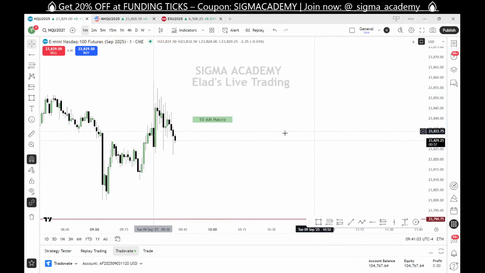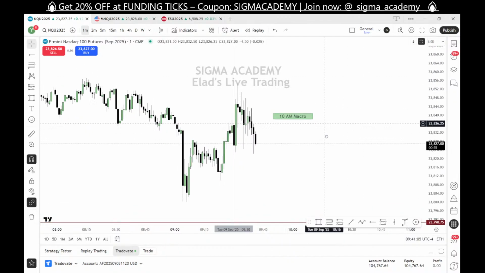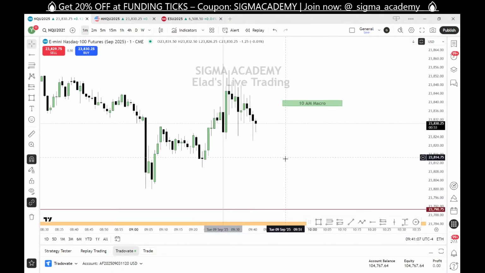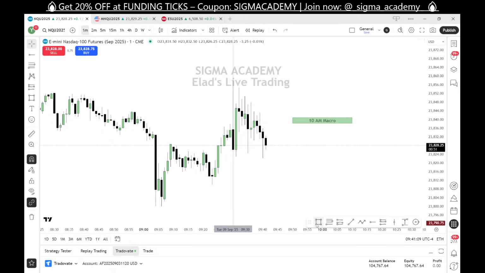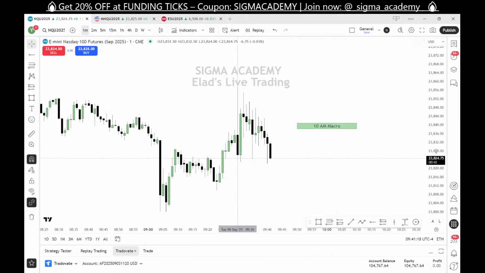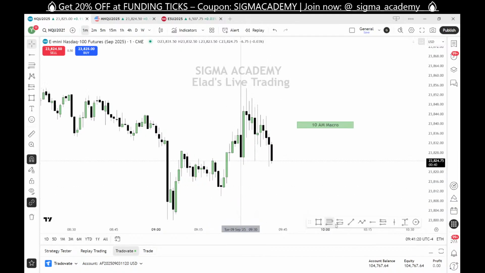What do I mean? Market structure and the breadth. The breadth I can see them as the down candles or the up candles of the market. Okay, as you can see, first of all, we went lower high. This is lower high.